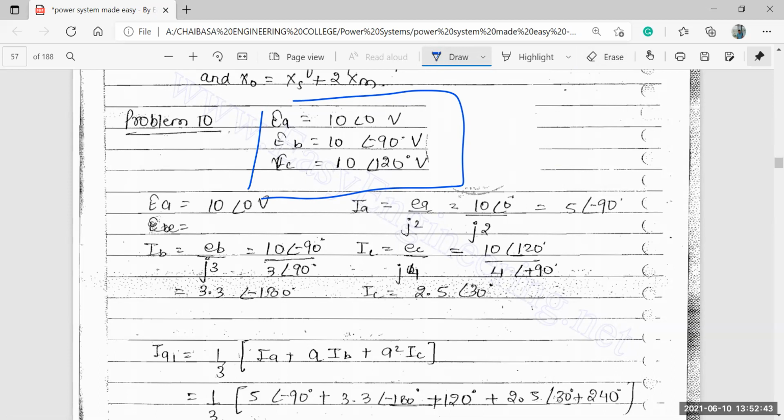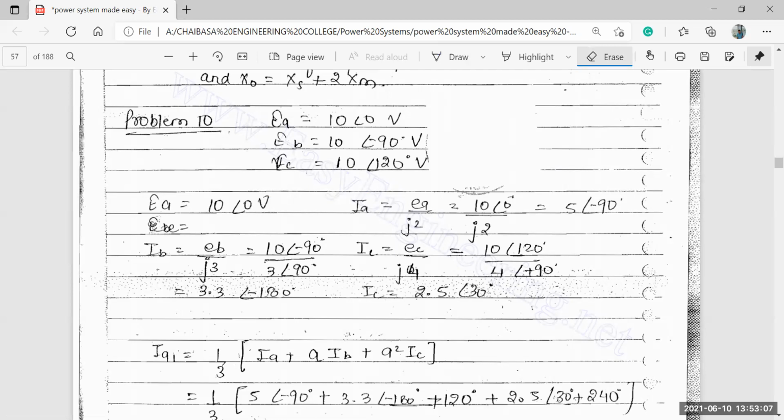You could see that it is j2 for phase A, j3 for B, and j4 for C, meaning it is the value of that. What you have to find is the phase current components.